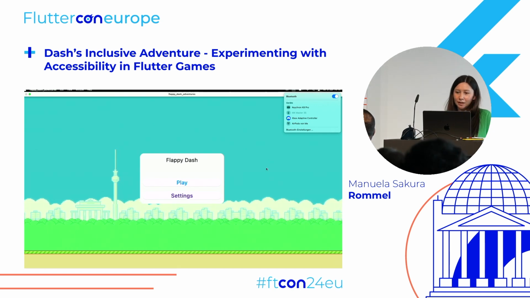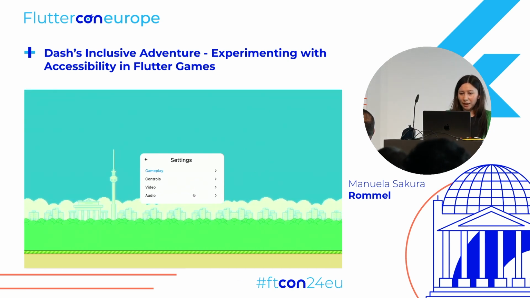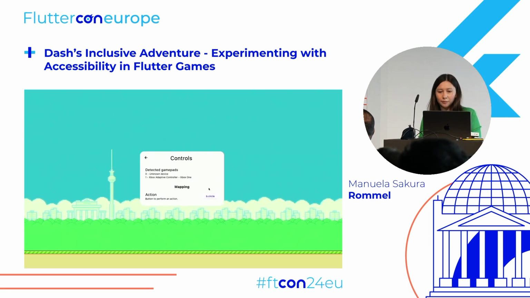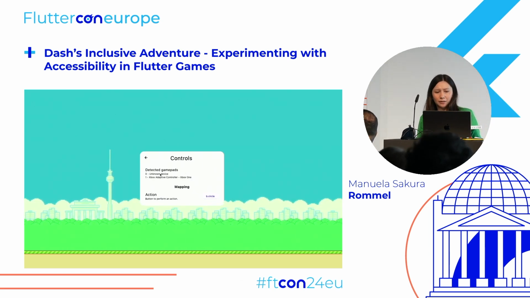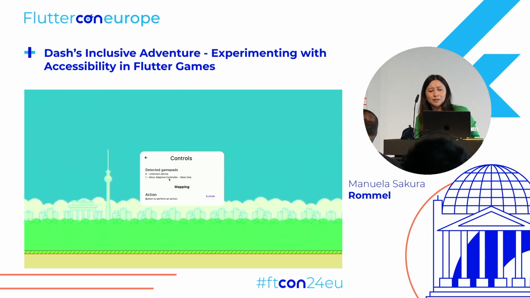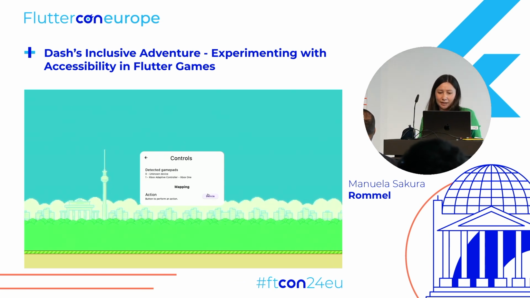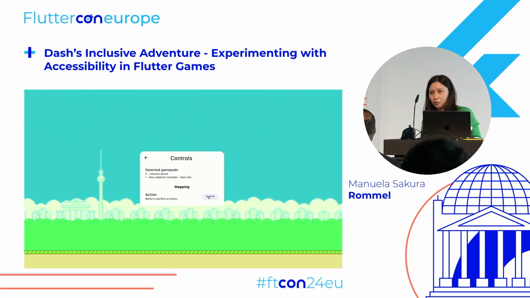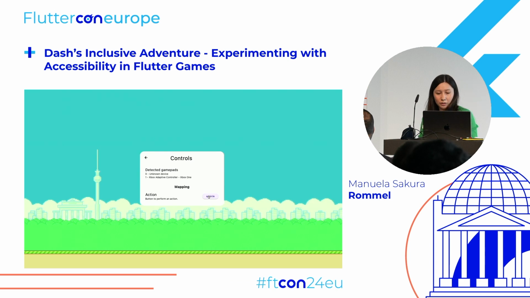Yes. So you can also remap your controls here. You see I have an unknown device here and an Xbox adaptive controller as a detected gamepad. And I can basically remap the button to perform an action. So for now it's the A button, now it's the A circle.